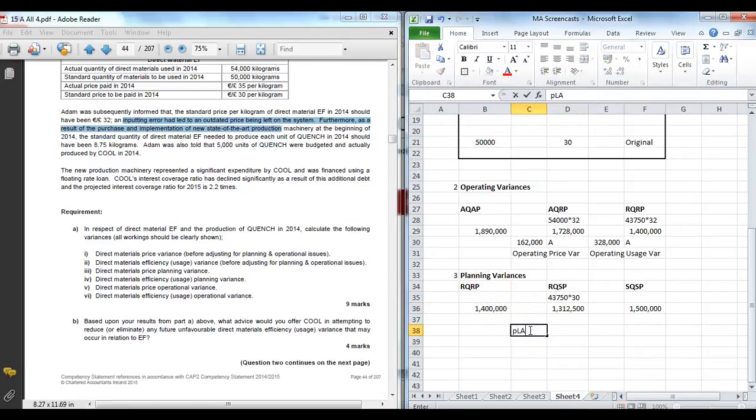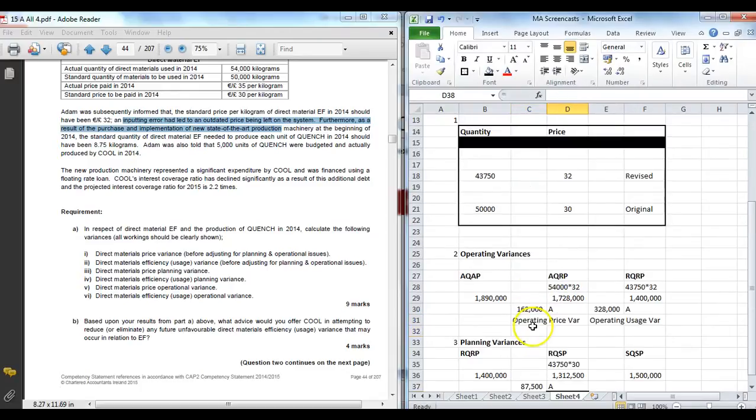So again, it's going to be planning price variance. And the difference here is 87,500, which is adverse. And it's adverse because your original standard was 30, but now your revised standard has gone up by 2. Therefore, it's adverse. You expect it to cost more. So that's due to a planning movement.